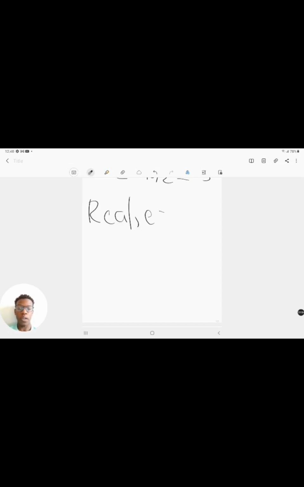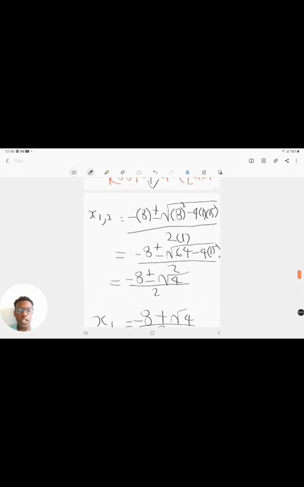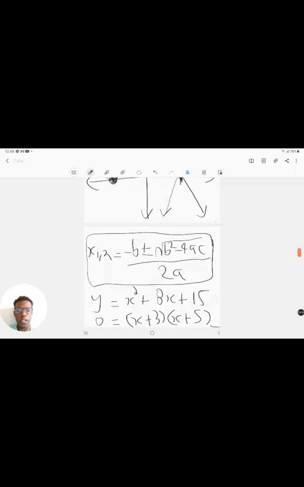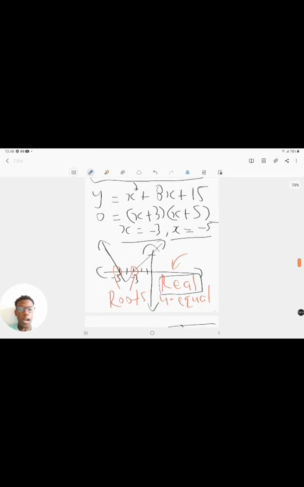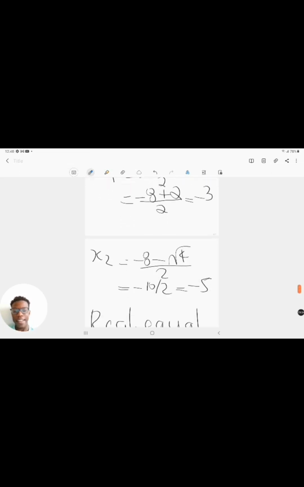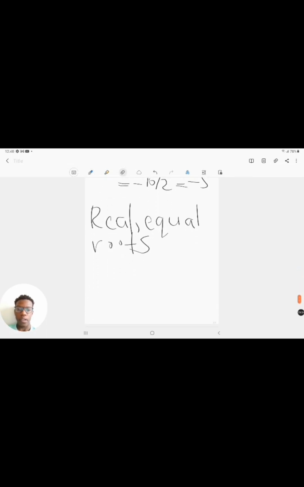For real roots, this expression here in the quadratic formula, this little expression there, determines whether our roots are real and equal or unequal.